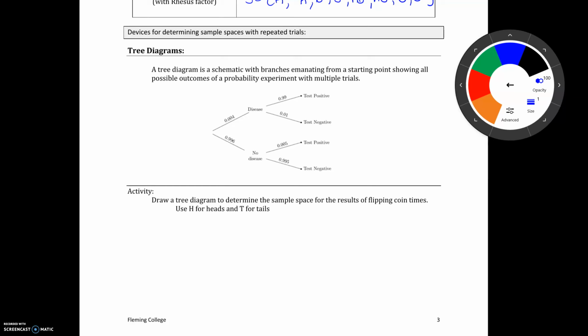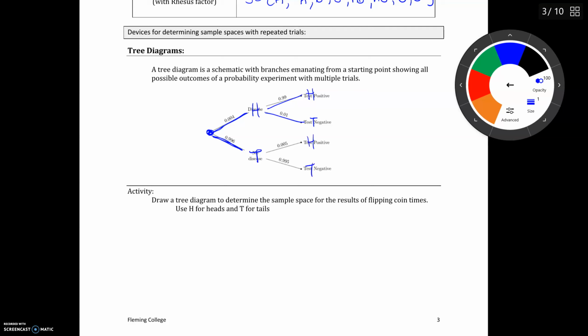So the way a tree diagram works is we start with a starting point and we think about the different outcomes that can emanate from that first branch. So what are the different things that could happen? Maybe we get a head, or we could get a tail after the first flip, and then after another flip we could get another head or a tail, and then we could get a head or a tail.